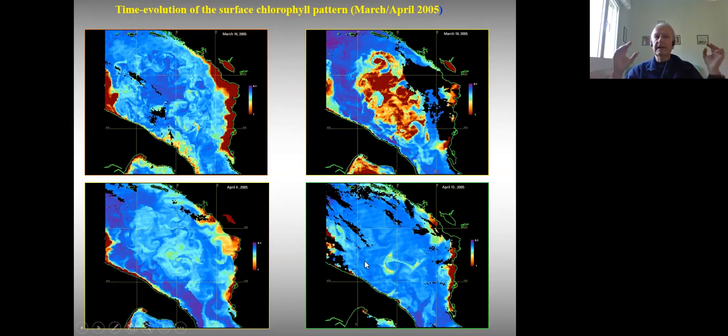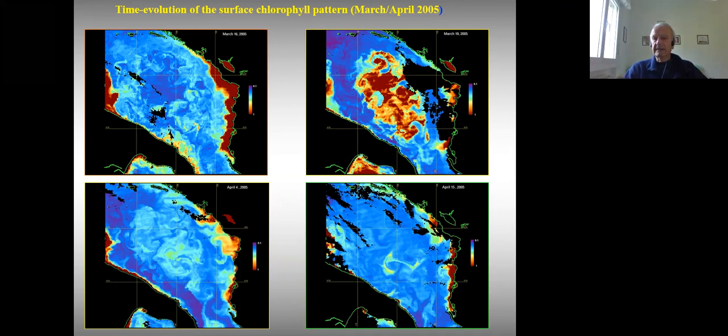So this is the evolution on a small scale of what is happening in the world ocean, and how this can be seen either from the temperature, but also from the chlorophyll. That's how we can study the dense water formation, not only looking at temperature and salinity, but also, for example, at one parameter which is indirectly related to the vertical mixing and to the biological properties of the ocean.